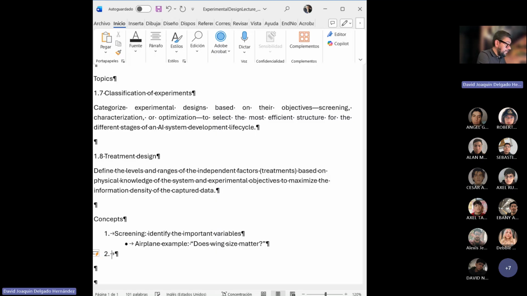Well, let's go to the second. The second point has to do with characterization. So we put here characterization. And here the idea is to understand the behavior.